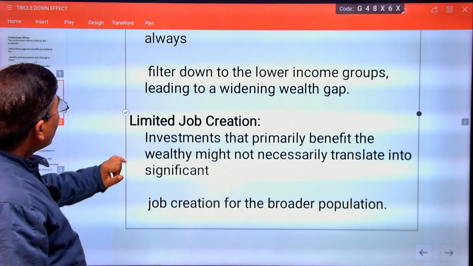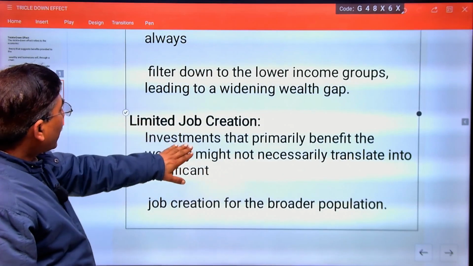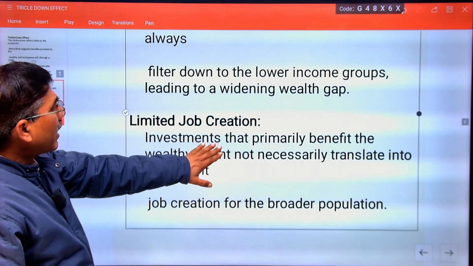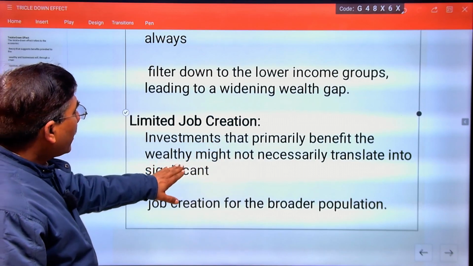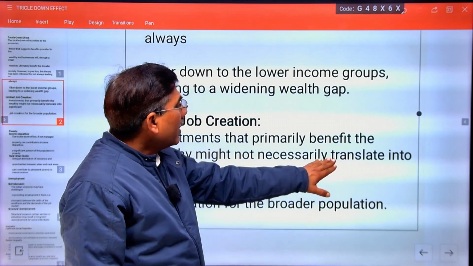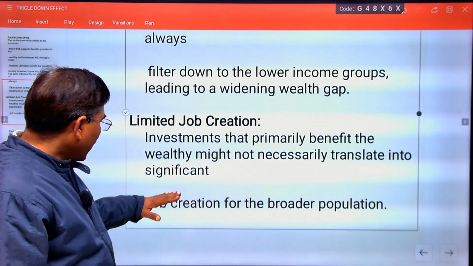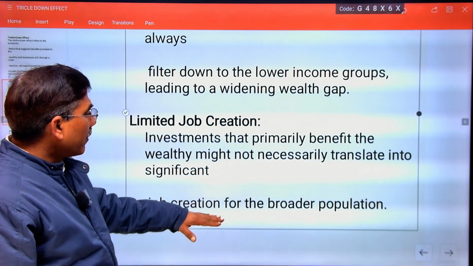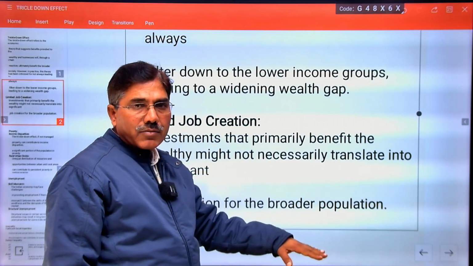That is the jobless growth. Limited job creation: investments that primarily benefit the wealthy might not necessarily translate into significant job creation for the broader population. Why?